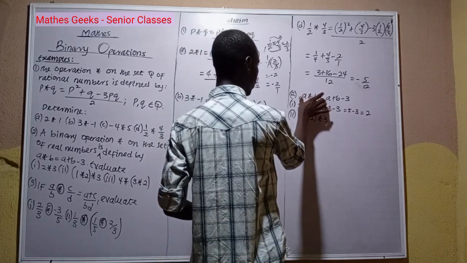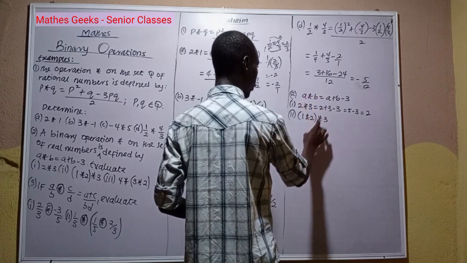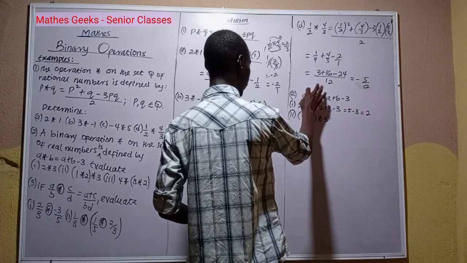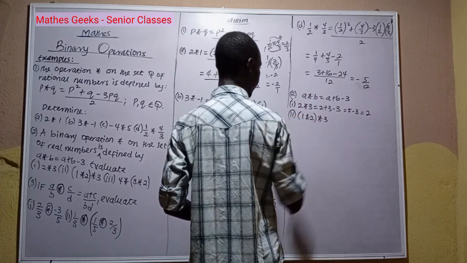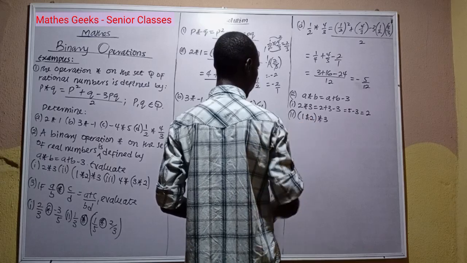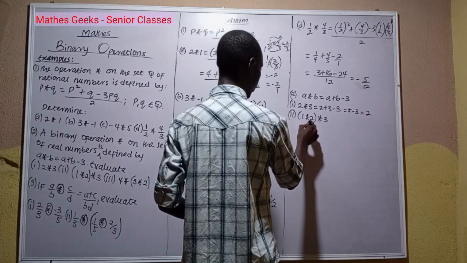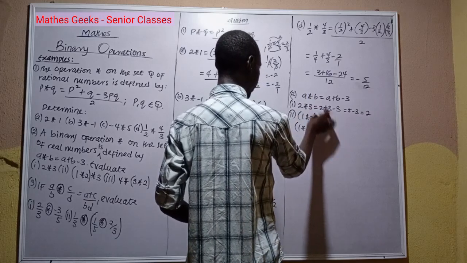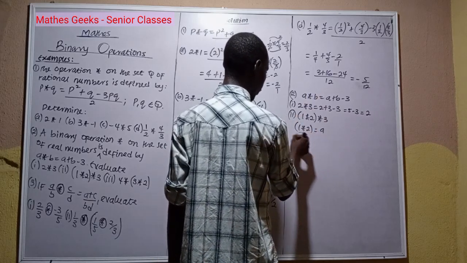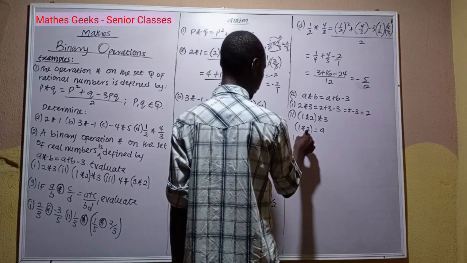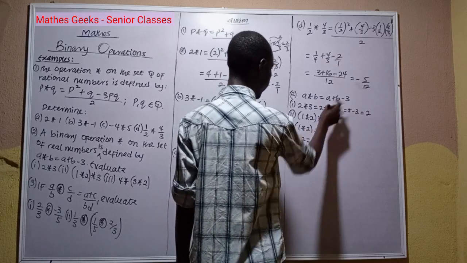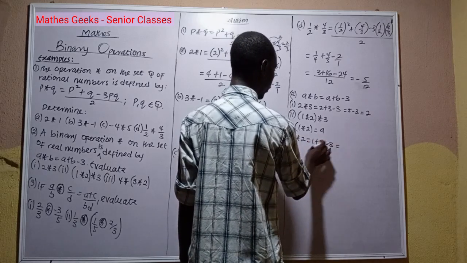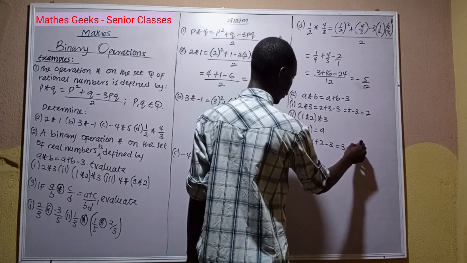If we compare this to the general formula, A would be this whole bracketed part. So we take 1 star 2 as a single variable A, then star 3, which is B. We first need the value of 1 star 2, so A equals 1 star 2, which using this formula is 1 plus 2 minus 3. 1 plus 2 is 3, minus 3, which is equal to 0.